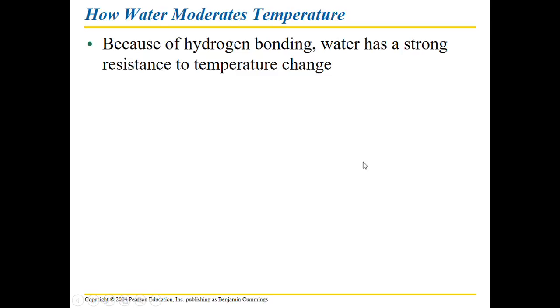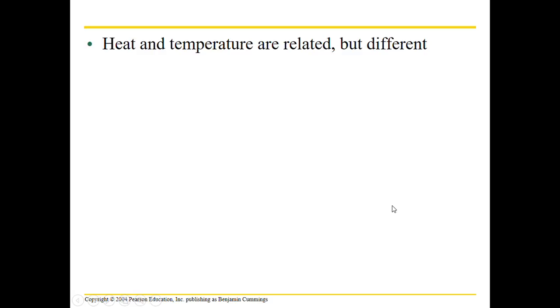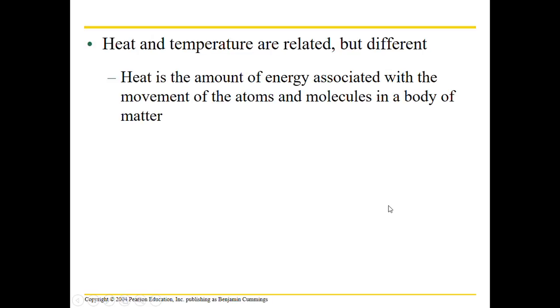Then we have how water moderates temperature. In order to change the temperature of water, a lot of heat has to be put in it. Water changes temperature very, very slowly. And because water changes temperature very slowly, it helps us maintain our homeostasis.